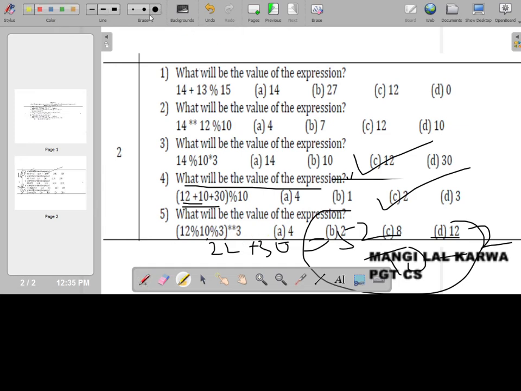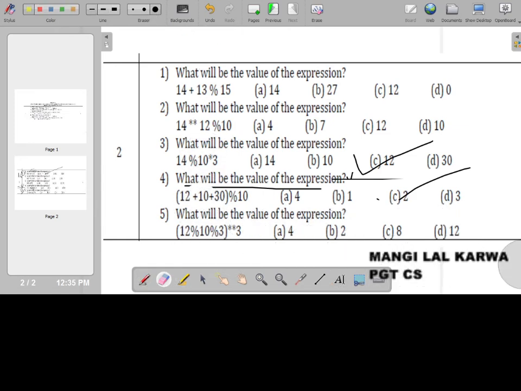Okay. So now next question is, what will be the value of the expression 12 modulus 10 modulus 3 double star 3? Both are having same precedence, but bracket is having higher precedence.